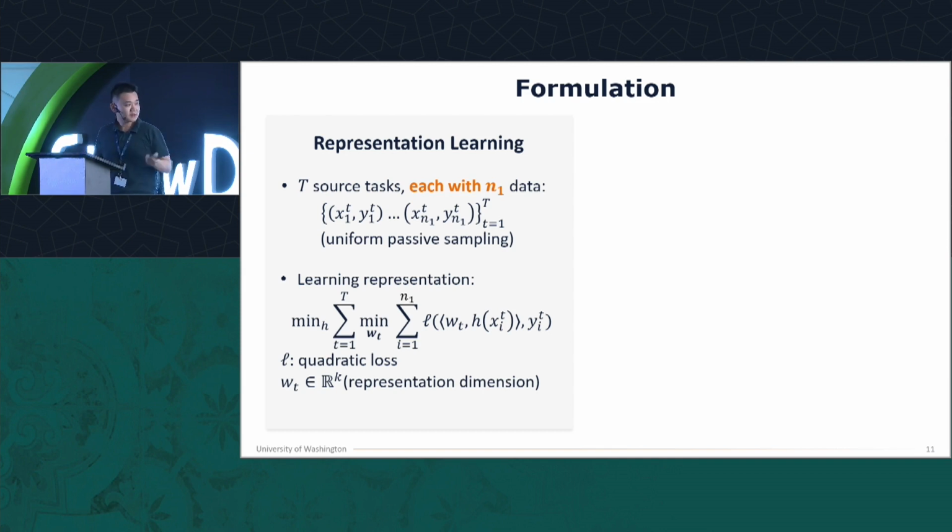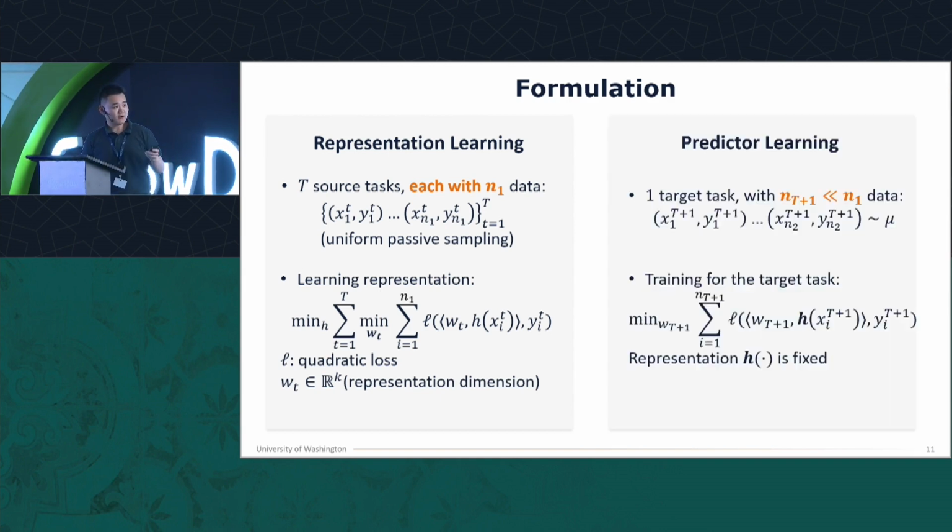objective function. All right, this is how we learn the representation, and then for the new task, we just learn the predictor. Remember, for the few-shot learning task I described in the beginning, we have very few data from the target task. Let's say we have N_{T+1} data, which is usually much smaller than N_1.